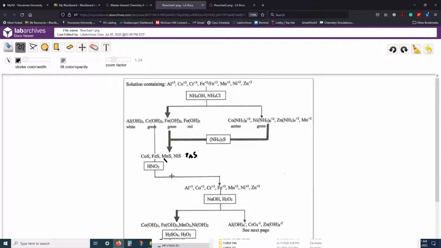And then that next step is after we have separated. So after this step, we would throw out the decantate, and move forward from there. Now we hit the remainder with nitric acid.